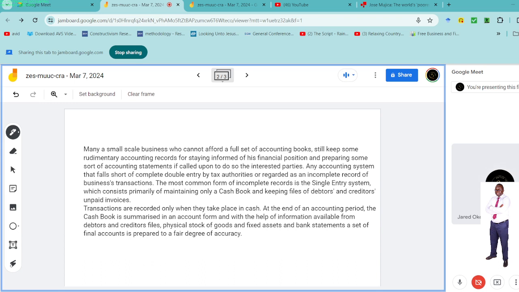Many small scale businesses who cannot afford, or probably cannot employ, an accountant normally keep some records so that they can be informed of their businesses.